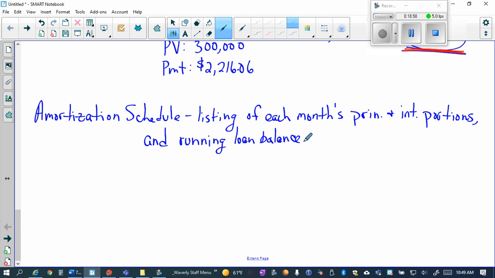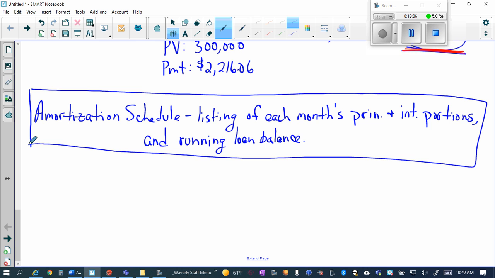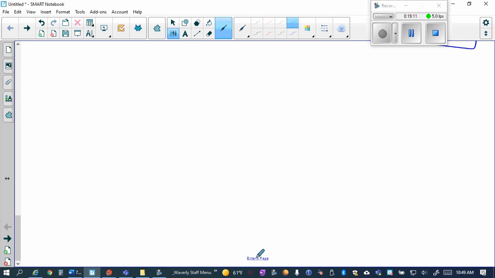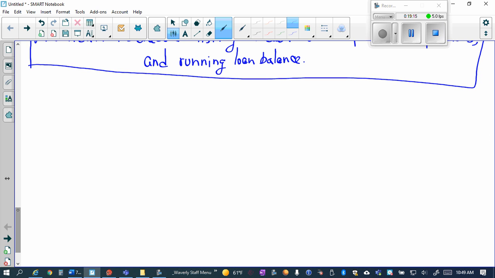Okay? By a running balance, it means it accounts for the changes in the balance as we go along. So it changes all the time. All right, so given example 3, we're now ready to take a look at example 4 and start to make an amortization schedule by hand.